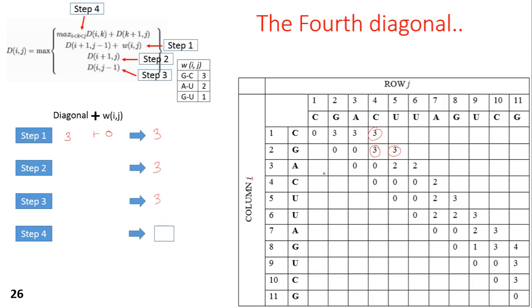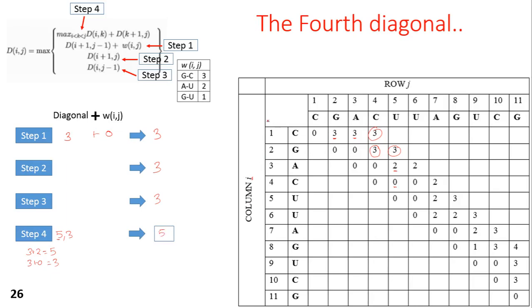For step 4, your 3 needs to be added with 2. 3 plus 2 is equal to 5. Then your 3 needs to be added to 0. 3 plus 0 is equal to 3. So the first possibility is 5, second possibility is 3. Of these numbers, which one is the maximum? 5 is the maximum. So the value for step 4 is 5.